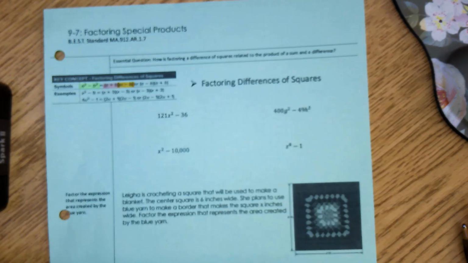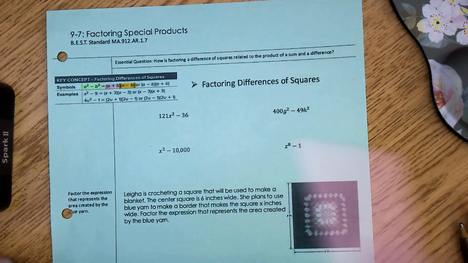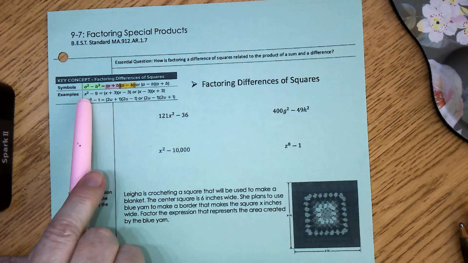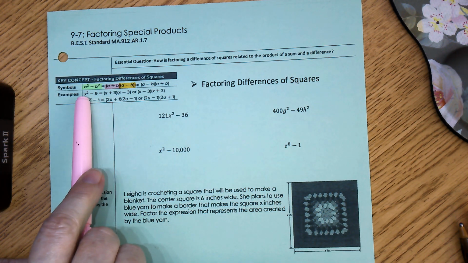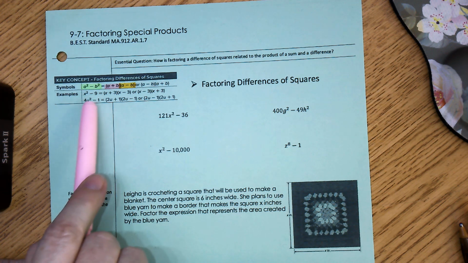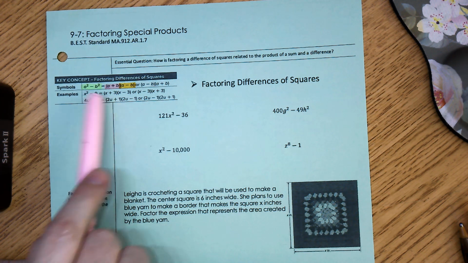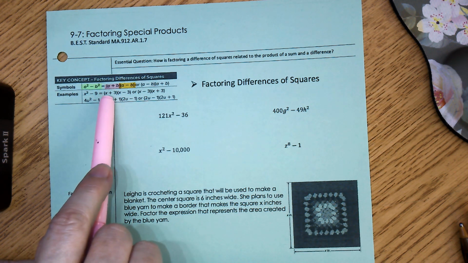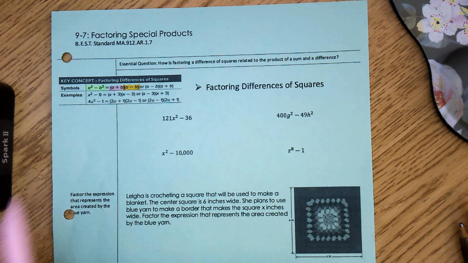It doesn't matter which one goes first and which one goes second. And we have an example. X squared minus 9. Well, x squared can be broken down to x times x, and 9 can be broken down to 3 times 3. And so that'd be x plus 3 and x minus 3.